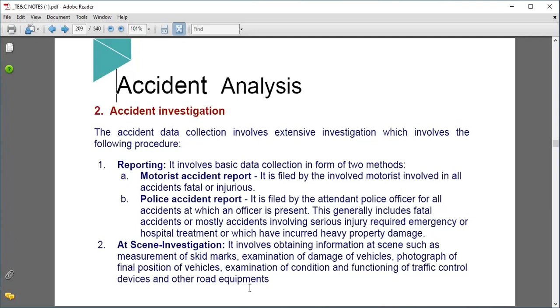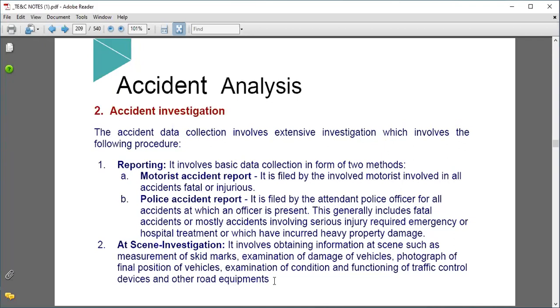In the at-scene investigation, we can understand why the accident occurred, because of skid marks, and why the damages to the vehicles occurred. Again, the final position of these vehicles, again examining the road condition, traffic, and other road equipment, all this information is gathered from the accident investigation.